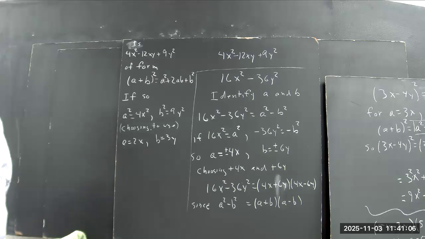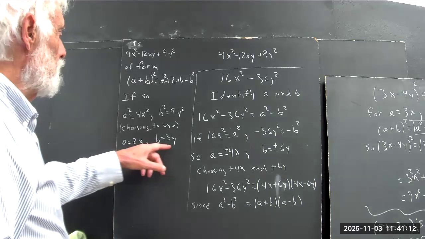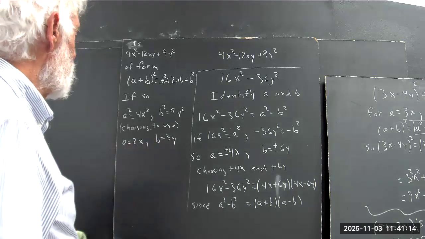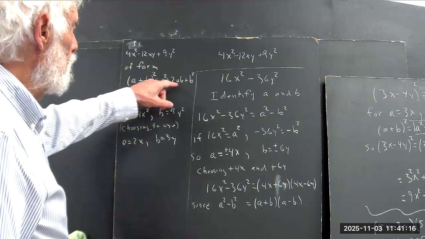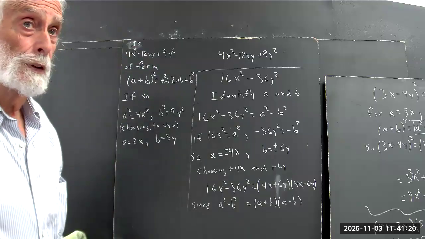Maybe I should choose to use the right one first. I'm debating. Okay. If I use A equals 2x and B equals 3y, then 2AB is not going to equal negative 12xy, is it?